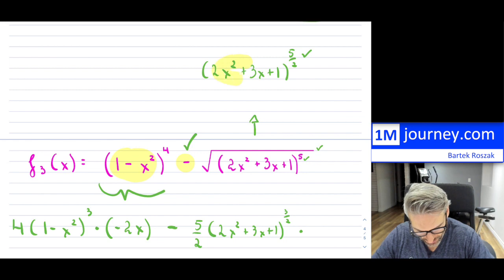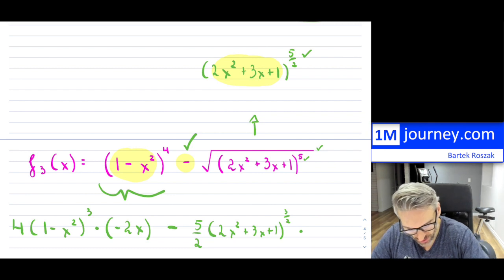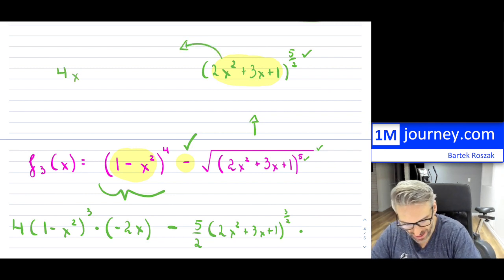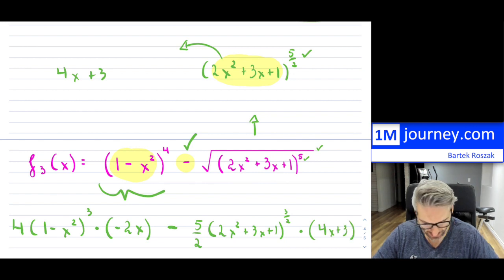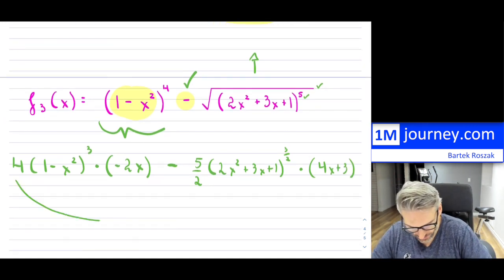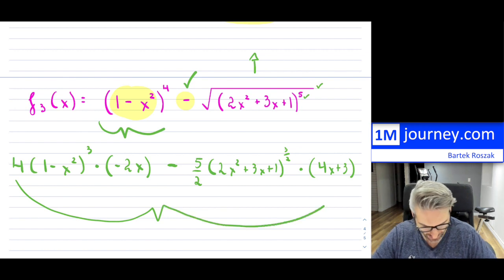Okay, so this is the composition, so multiplied by the derivative of this. And the derivative of that is simply 4x plus 3. So we would be multiplying by 4x plus 3. So this derivative looks super complicated.